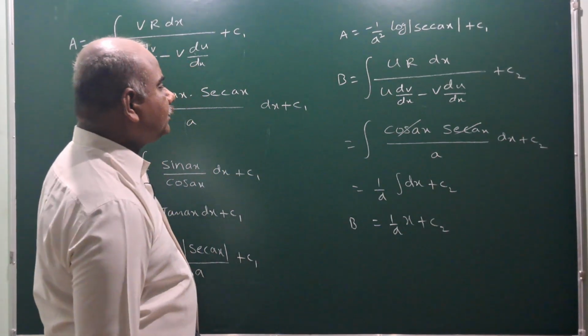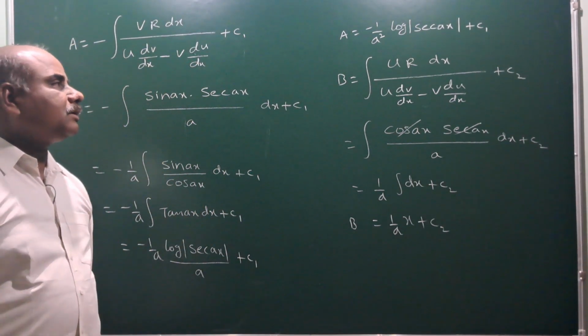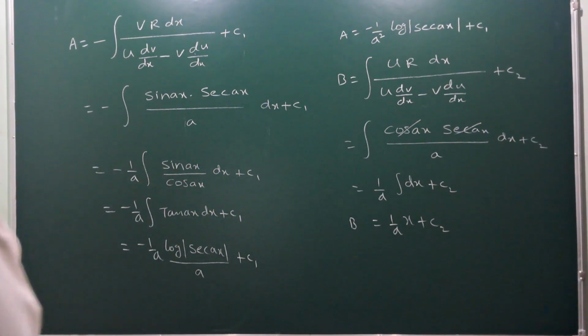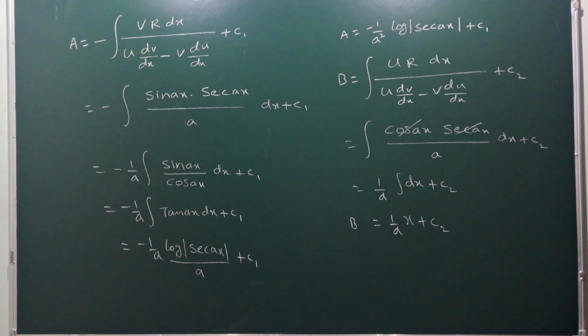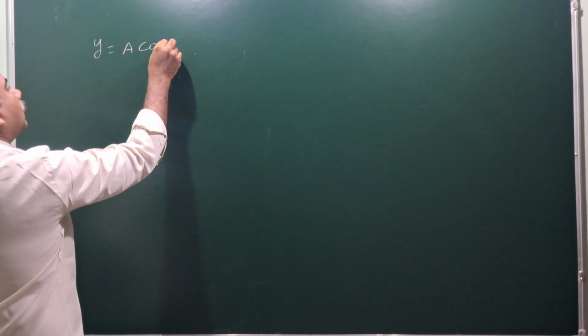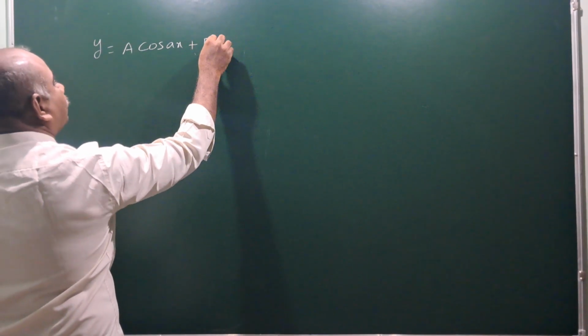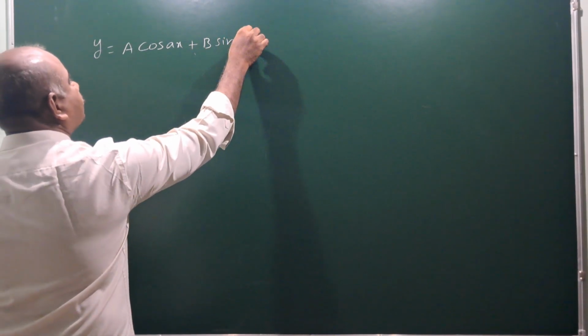Now we have to substitute the values of A and B in our solution, then we get the final result. Therefore the solution y = A cos ax + B sin ax.